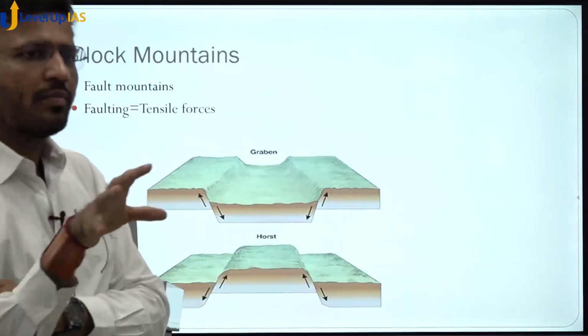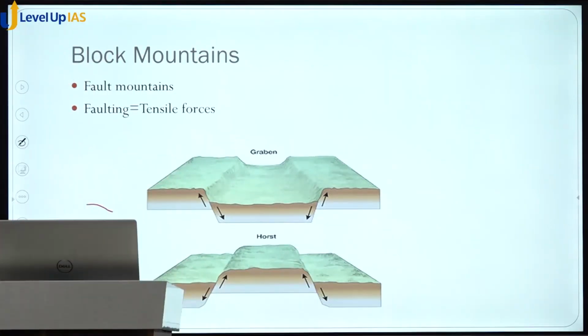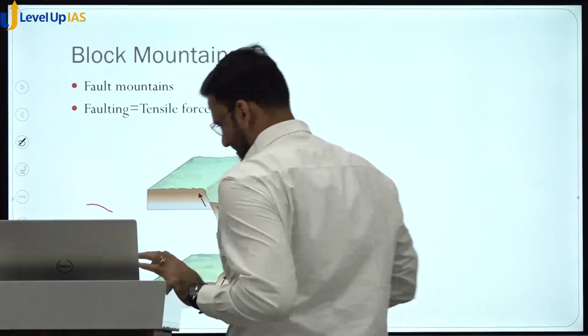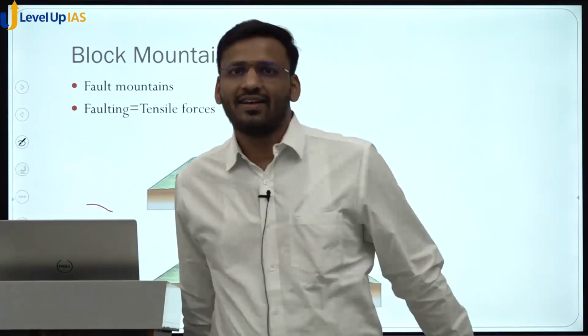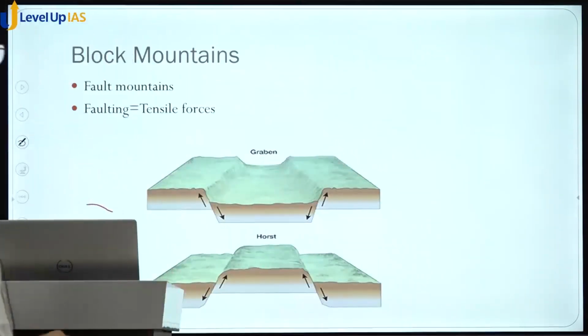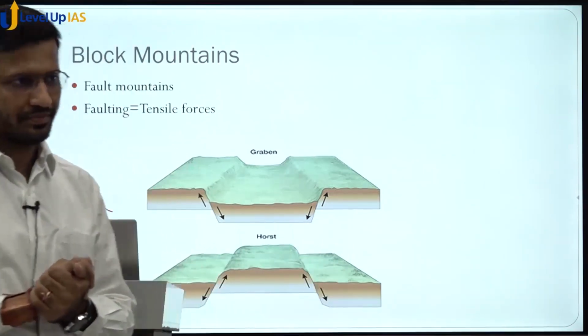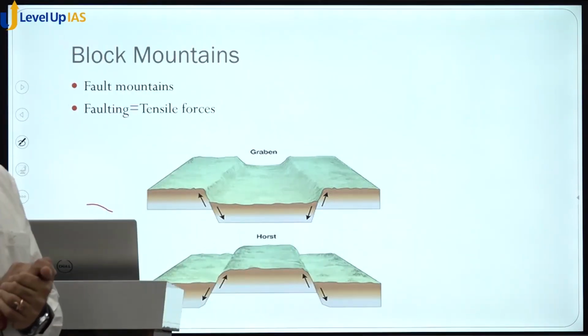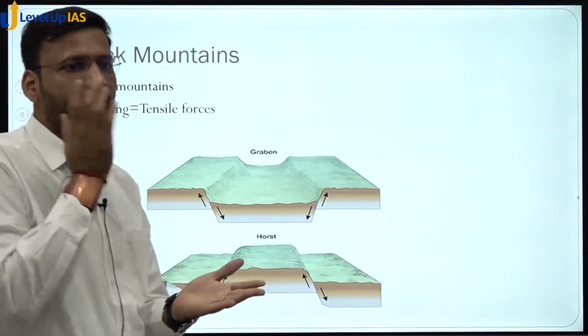Because it is not formed through the process of mountain building. How is it forming? It is forming because of faulting.